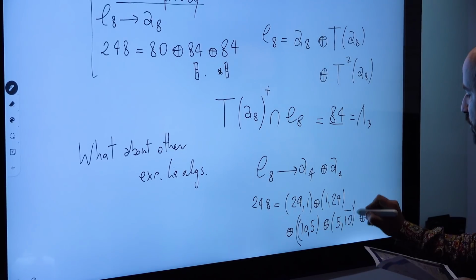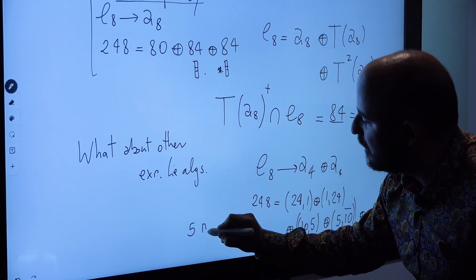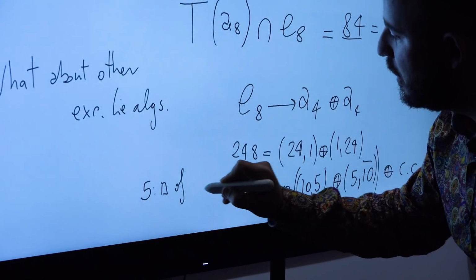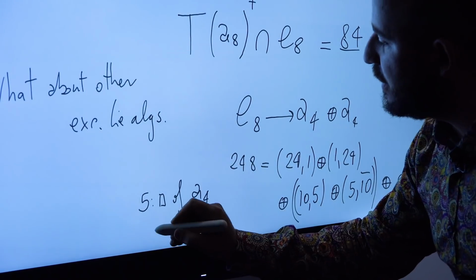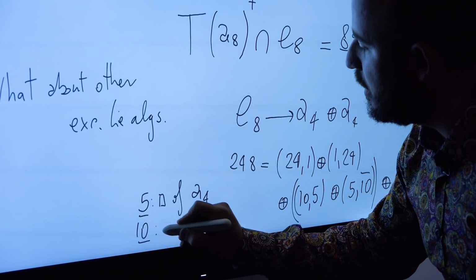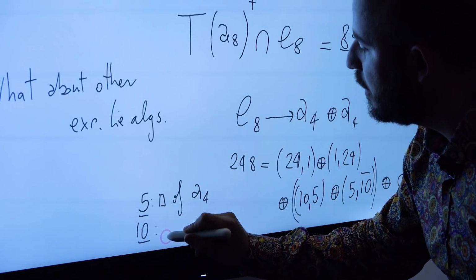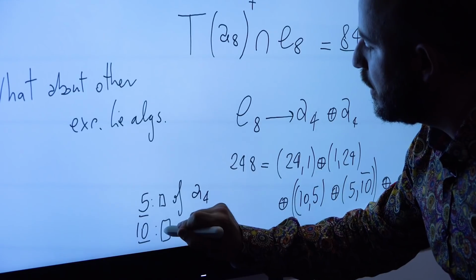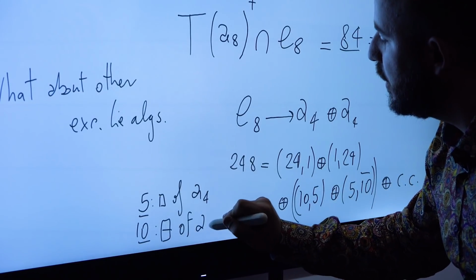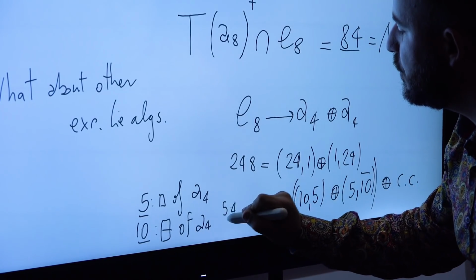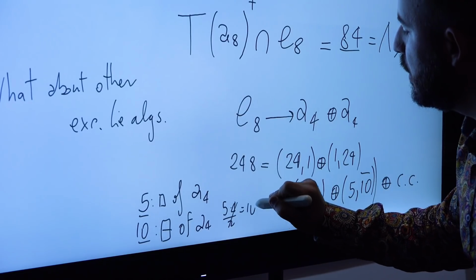And what is 10? Of course, 5 is the fundamental of A4, and 10 is the 2-form of A4, simply because 5 times 4 divided by 2 is 10.